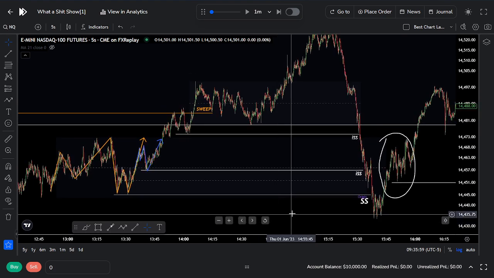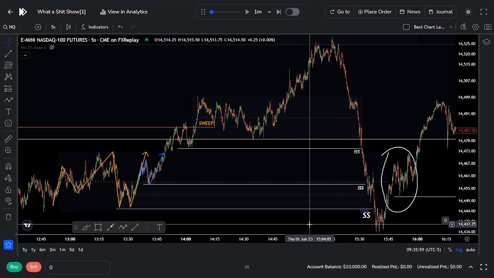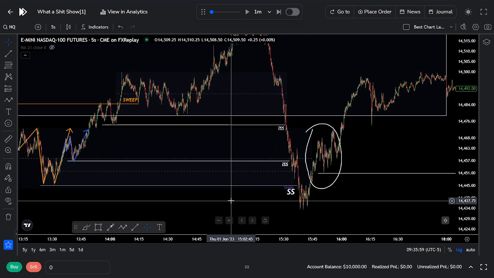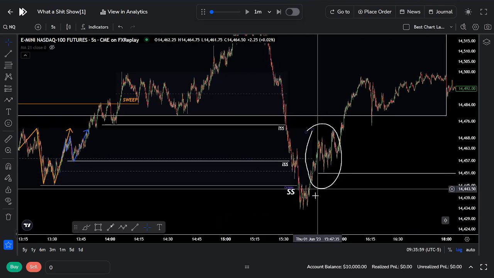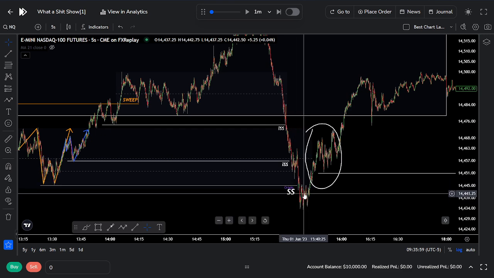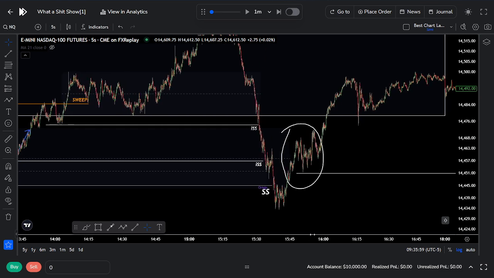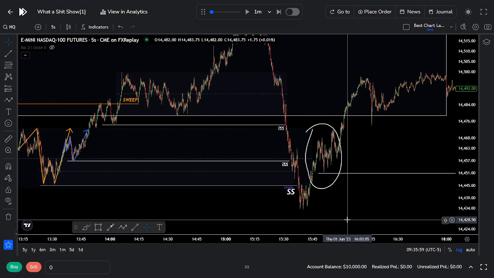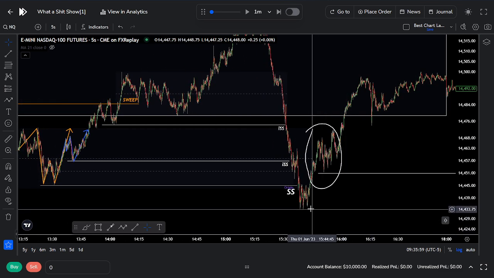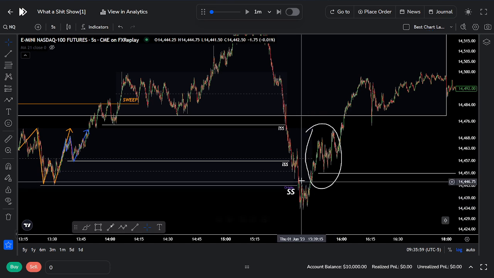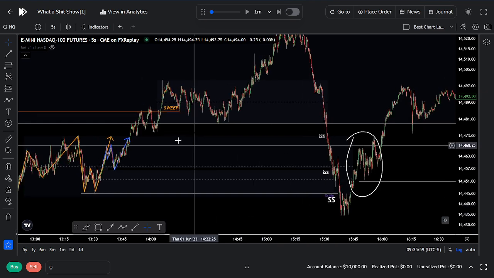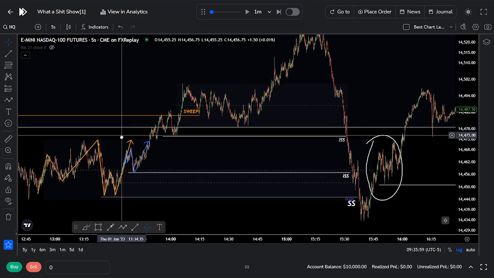So then what does this tell us about SS levels? Just based off of this one case study, and if you're gonna keep on following this backtesting series, I'm expecting you to understand that this isn't just a one case. This happens all the time. All the freaking time.